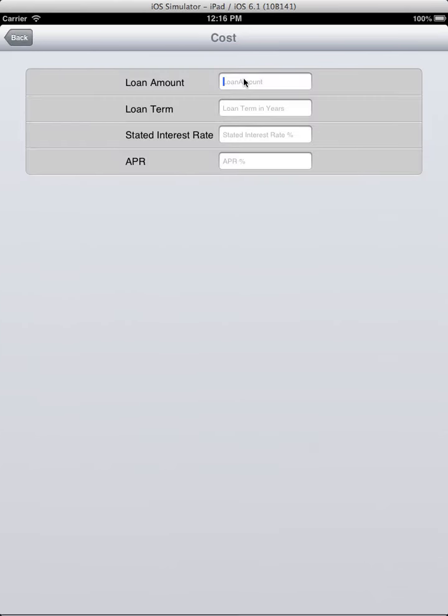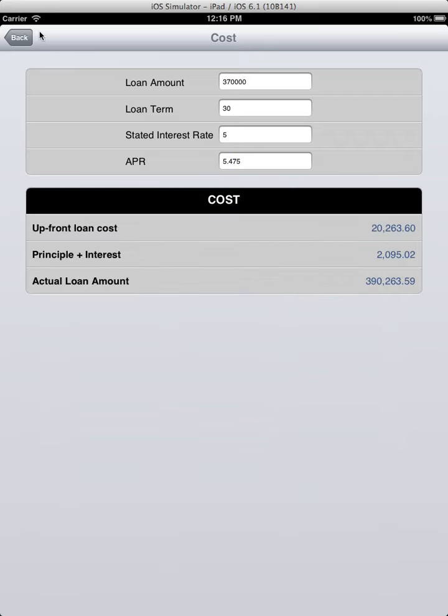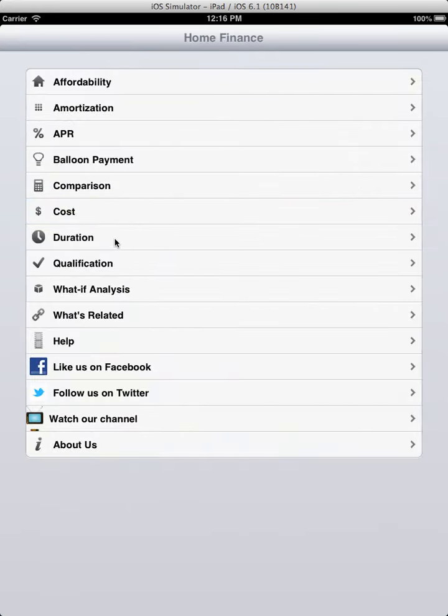And loan cost. Say loan amount is this much, loan term is that, and 5.375, that tells us the closing cost. And now duration.